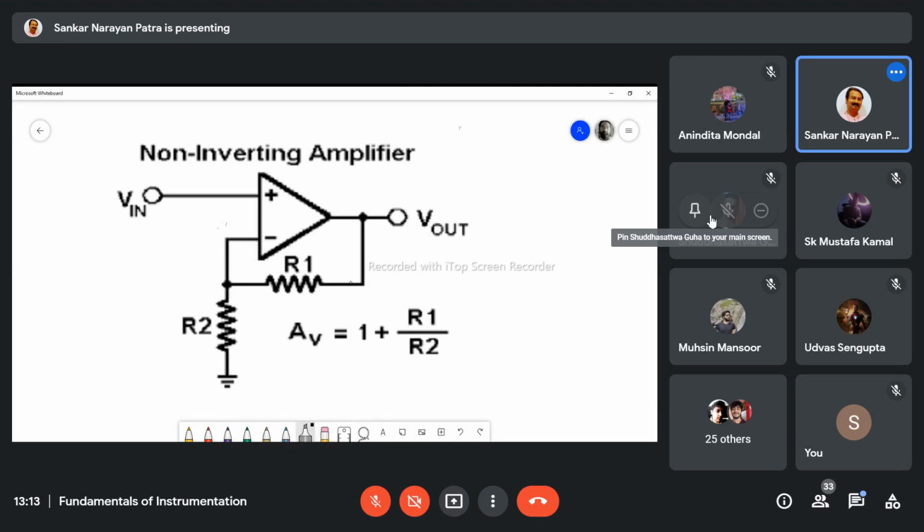What is VD? What is VD? The voltage difference.